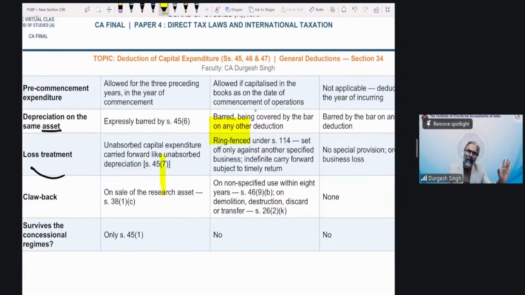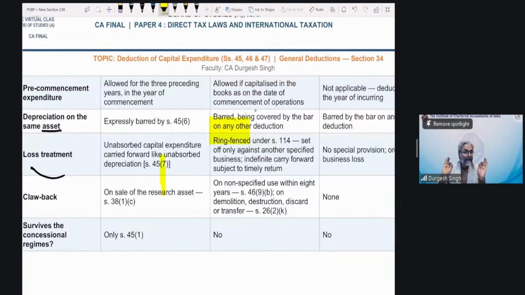Obviously, because the lock-in period is 8 years. So within 8 years, if it ceased to remain in that specified business, then it will be considered as deemed income. Is that point clear to all of you, students?